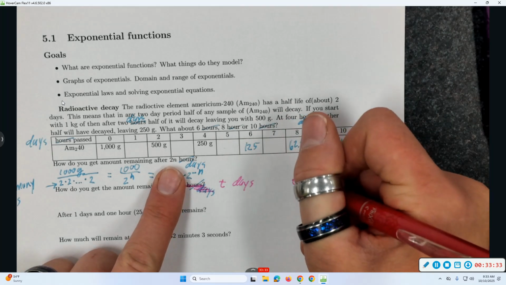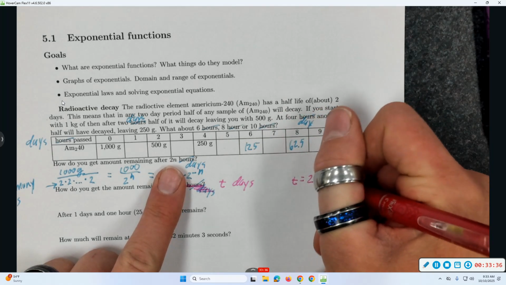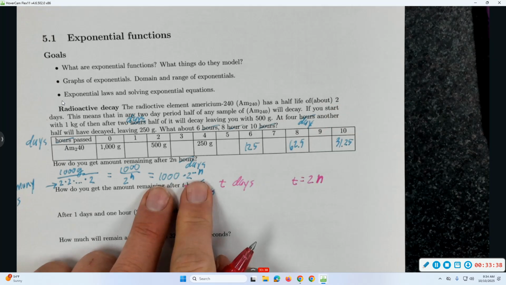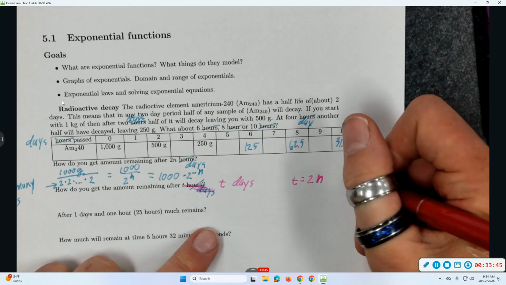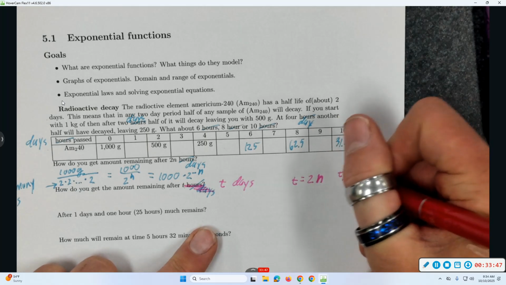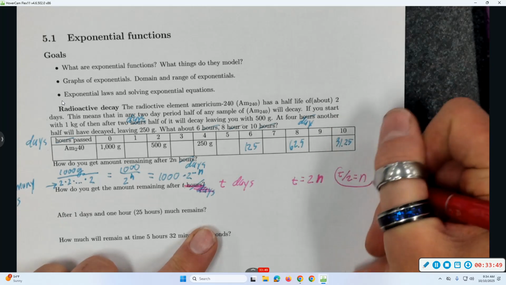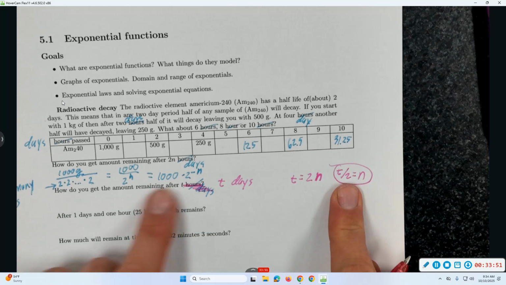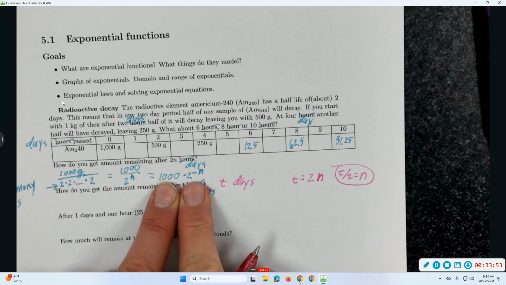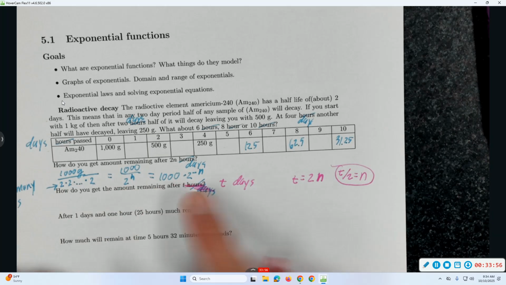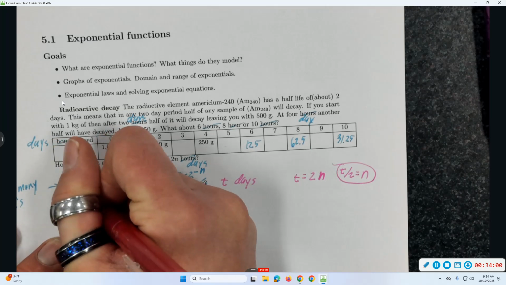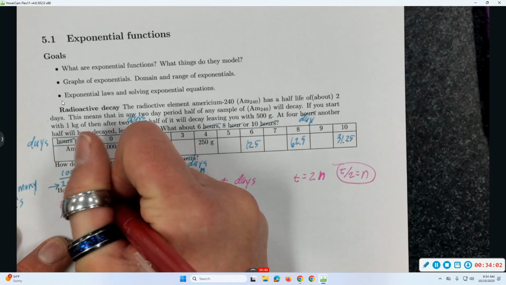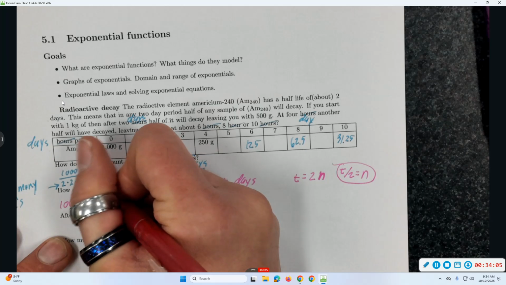Well, I want t to be 2n. And right now I have a formula that has n in it. Does that look like something you could solve for n? Yeah, what do you get? T over 2 is n. Oh, cool. So I can take this formula and plug it into that one, that expression that's more compact. 1,000 grams times 2 to the negative t over 2.